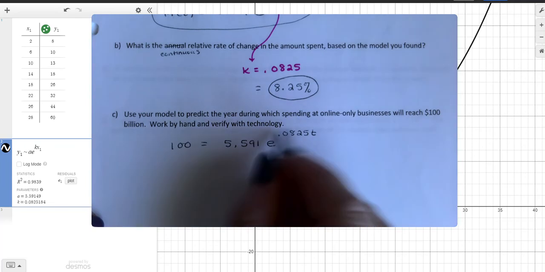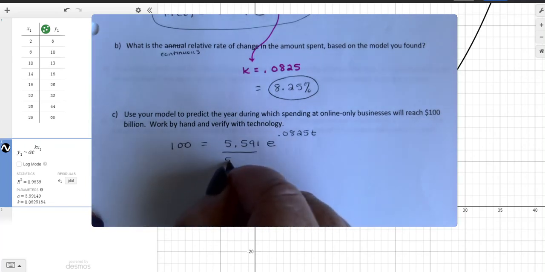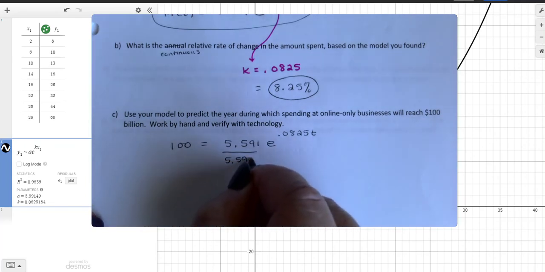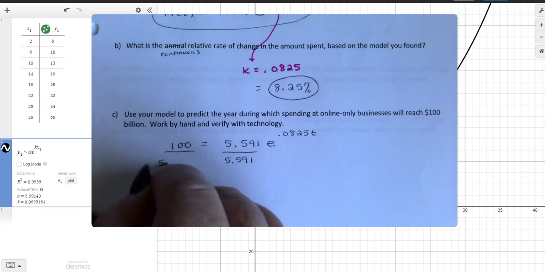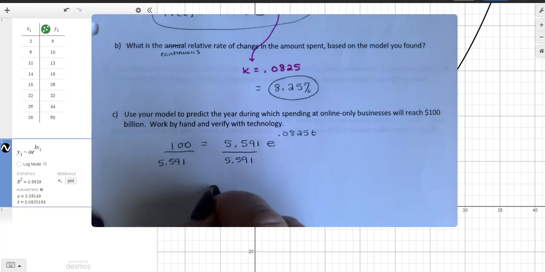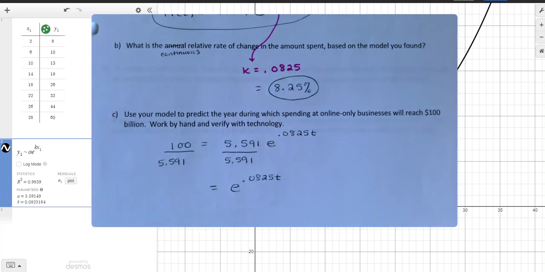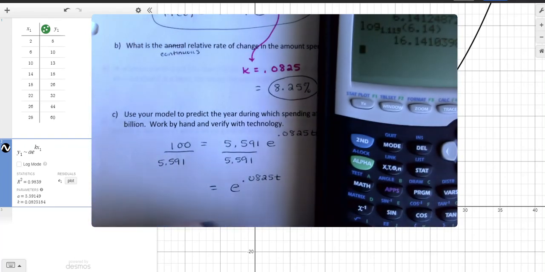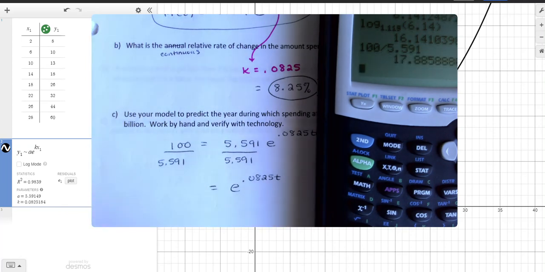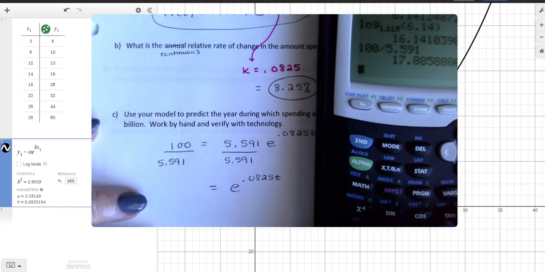So I got to isolate my exponential, divide by 5.591, and that's about 17.89.